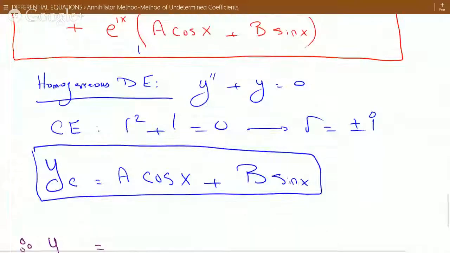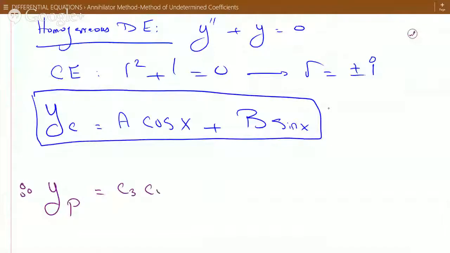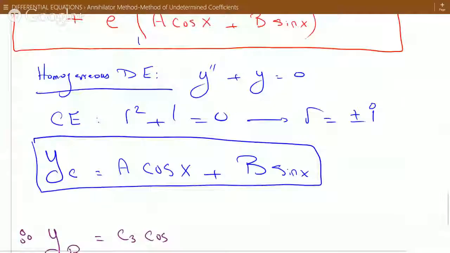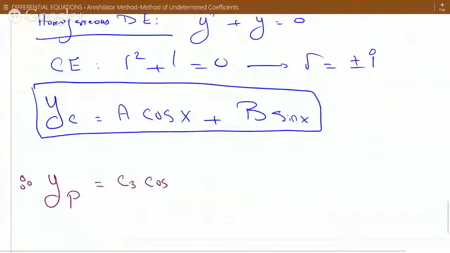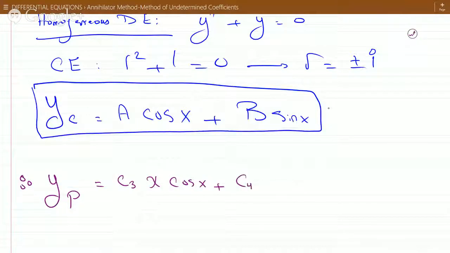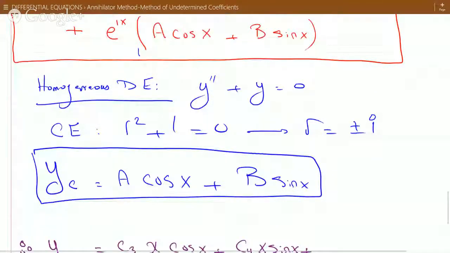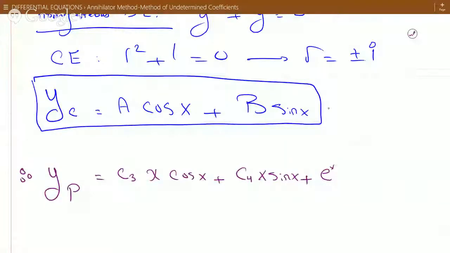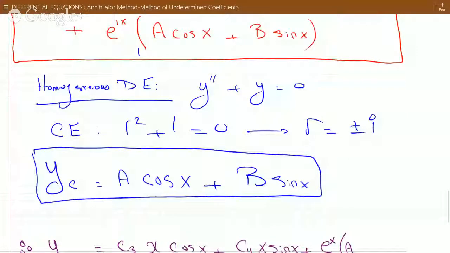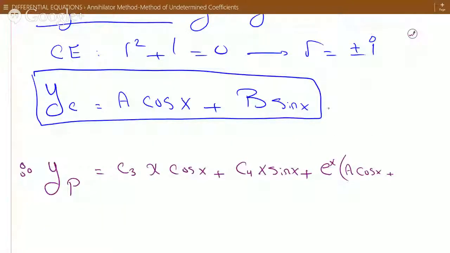So C3 x cosine x plus C4 x sine x plus the bottom one with the exponential, so e to the x times a cosine x plus b sine x.